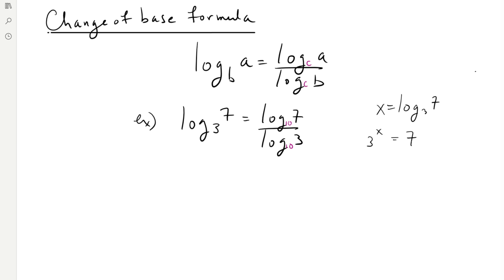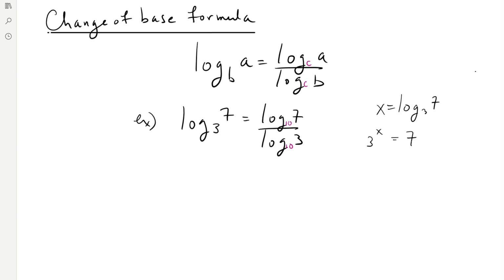And this is not an equation I can actually solve easily, since 7 is not a power of 3, so I cannot have equal bases on both sides and equate the exponents. That's not going to work. So obviously x is going to be some number that's not an integer or anything nice really.